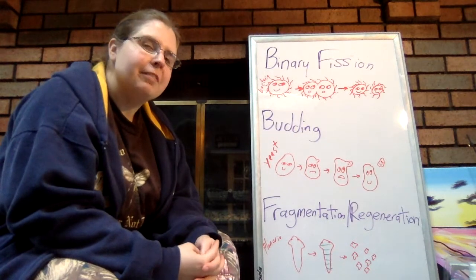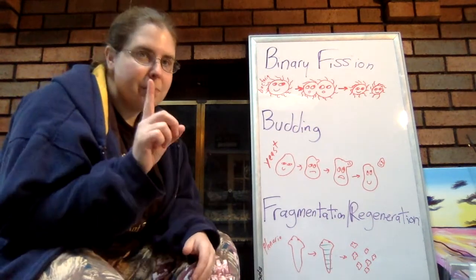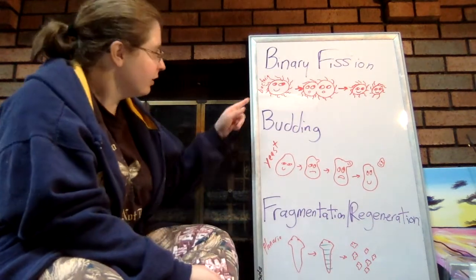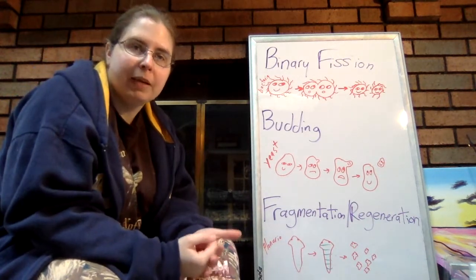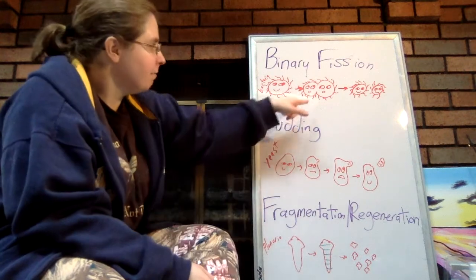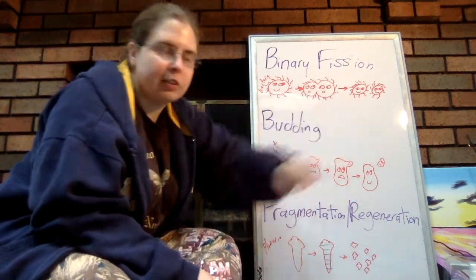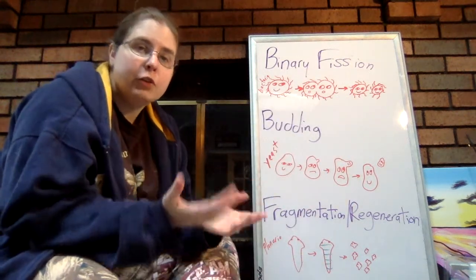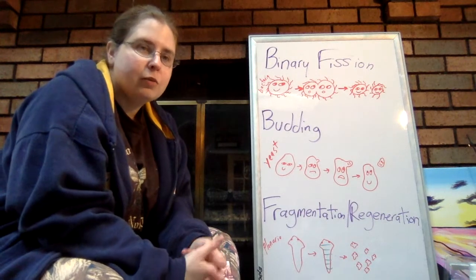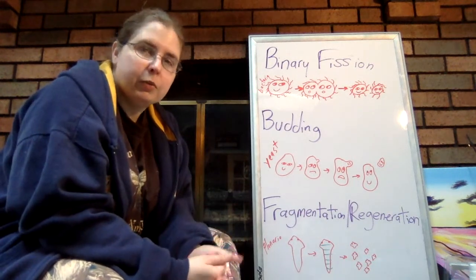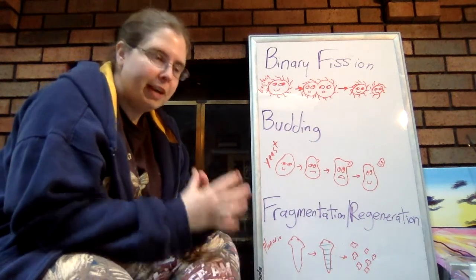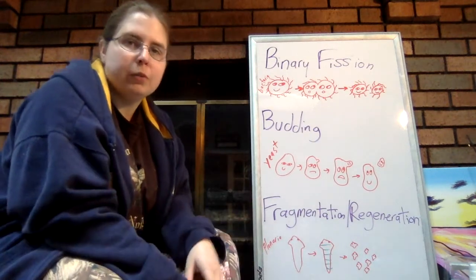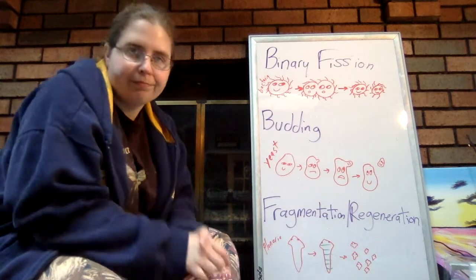But what if you are an organism that is only made up of one cell, like our cute little bacteria here? When the bacteria goes through mitosis and divides and becomes two cells, we now have two bacteria cells. So that is one way they can reproduce asexually. Binary fission means we have one organism, it splits into two because of cell division.